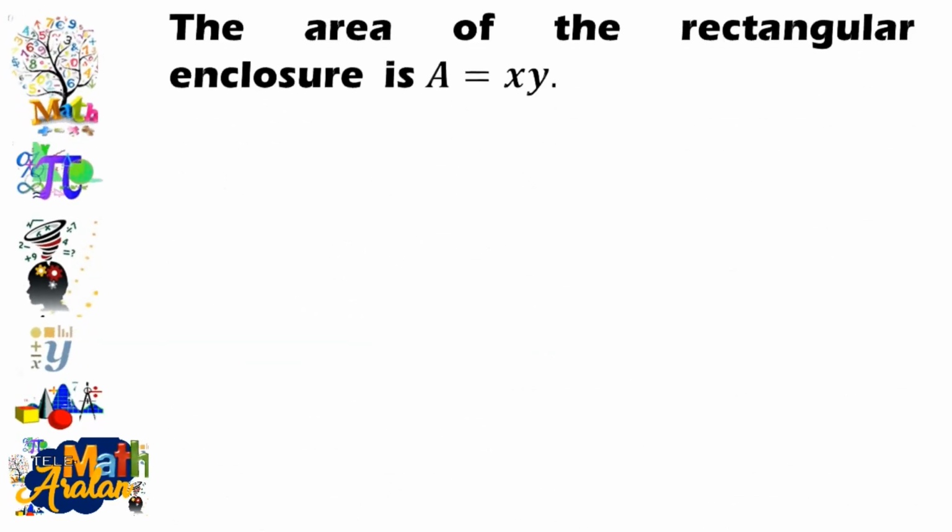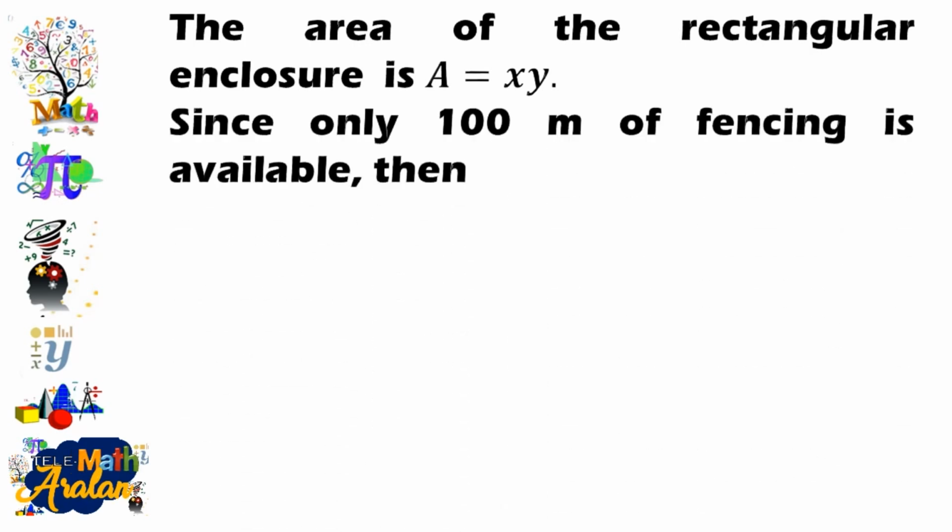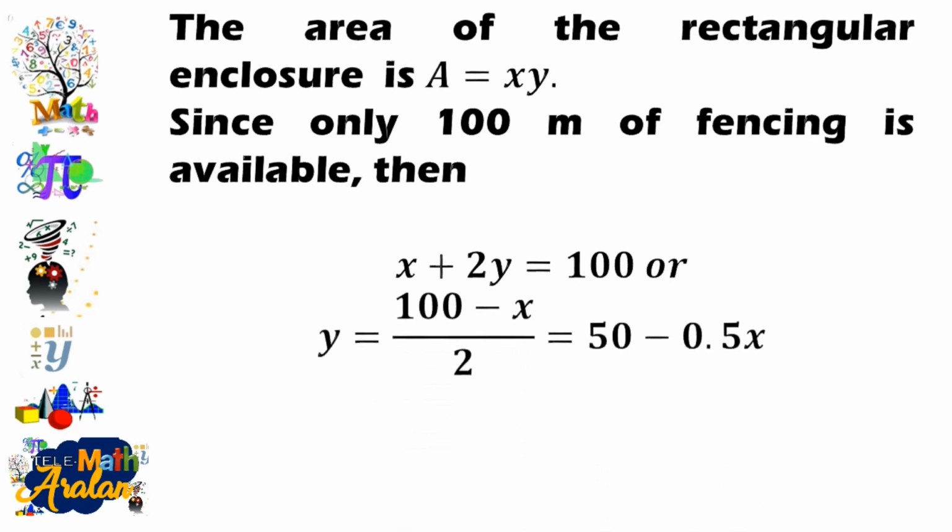The area of the rectangular enclosure is A is equal to xy. Since only 100 meters of fencing is available, then x plus 2y is equal to 100, or y is equal to 100 minus x over 2, simplify, is equal to 50 minus 0.5x.